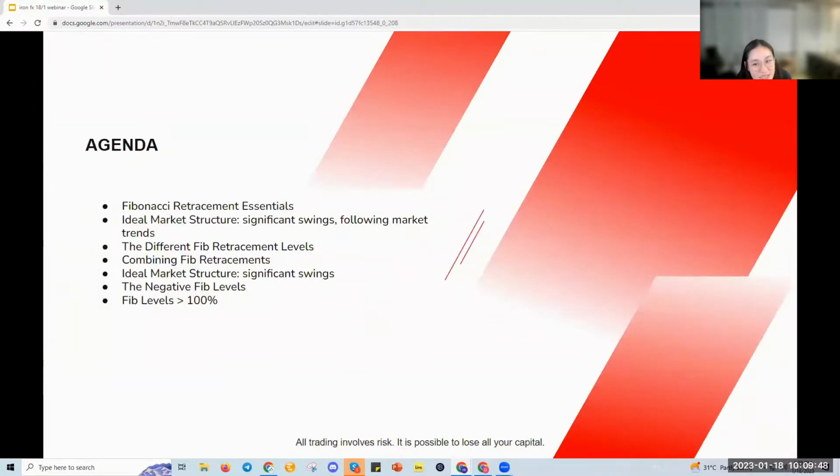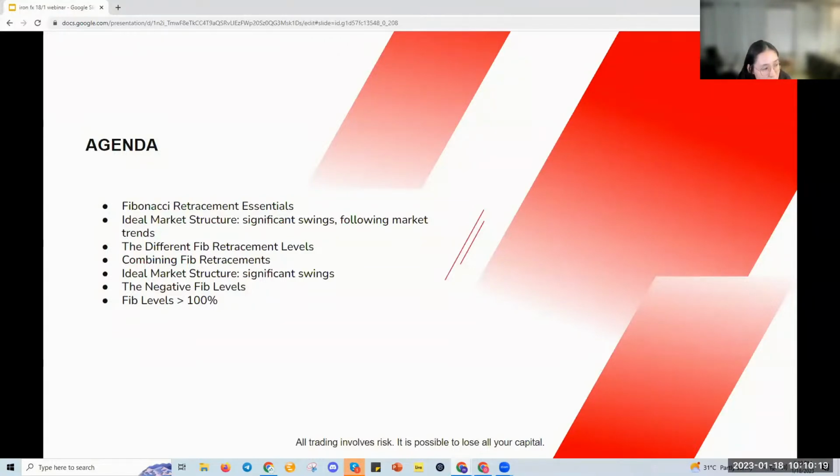Okay, so here's our agenda for today. Firstly, we'll be going through the essentials of Fibonacci retracement, followed by the ideal market structure. So what you can look out for, significant swings, how important it is to follow market trends. And then we'll be going through the different Fibonacci levels. So we'll also be touching a little bit on expansions as well as Fibonacci extensions. We'll also be talking about the difference between those as well and how to look out for them when you're trading.